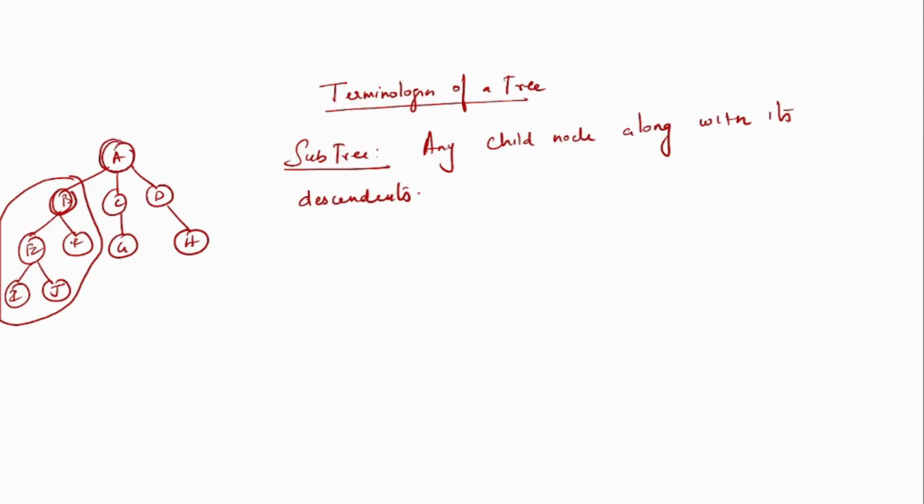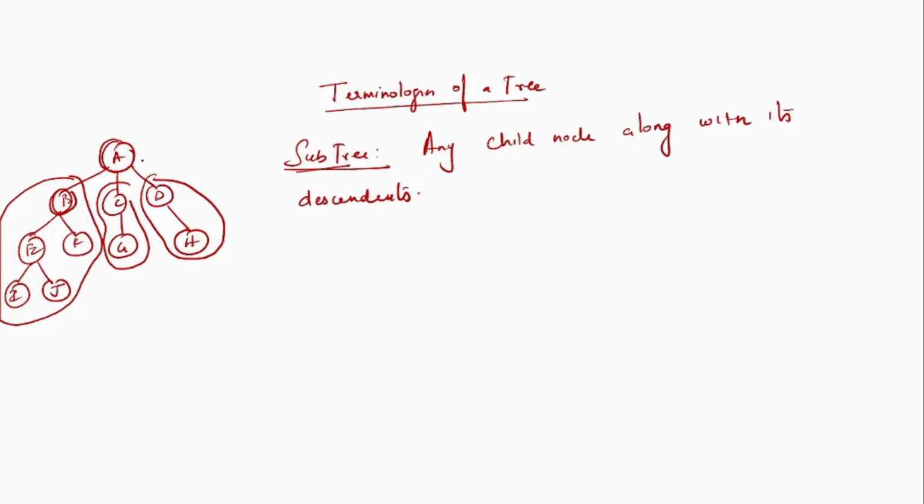B along with its descendants, E, F, I and J, is a subtree of A. C and G is a subtree of A. D and H is a subtree of A. So here we have 3 subtrees.